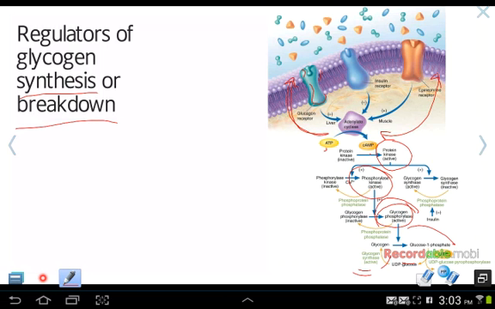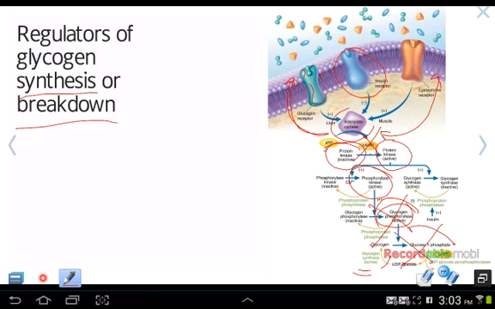In the opposite, if insulin is released, so we have high blood sugar, so we don't need any glucose from glycogen, insulin will deactivate the adenylate cyclase, which stops cAMP production, which will then inactivate protein kinase, which then causes dephosphorylation of glycogen phosphorylase. So it becomes deactivated, and we no longer get glucose 1-phosphate cleaved from glycogen.